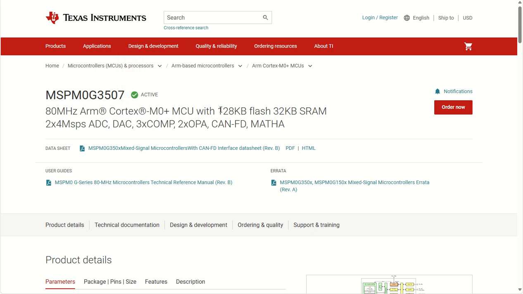However, it has 128 kilobytes of flash memory, 32 kilobytes of SRAM, and dual ADCs with DAC as well as comparators and op amps. Three comparators are there, two op amps are there. You have CAN FD as well, and a lot of mathematical functions.